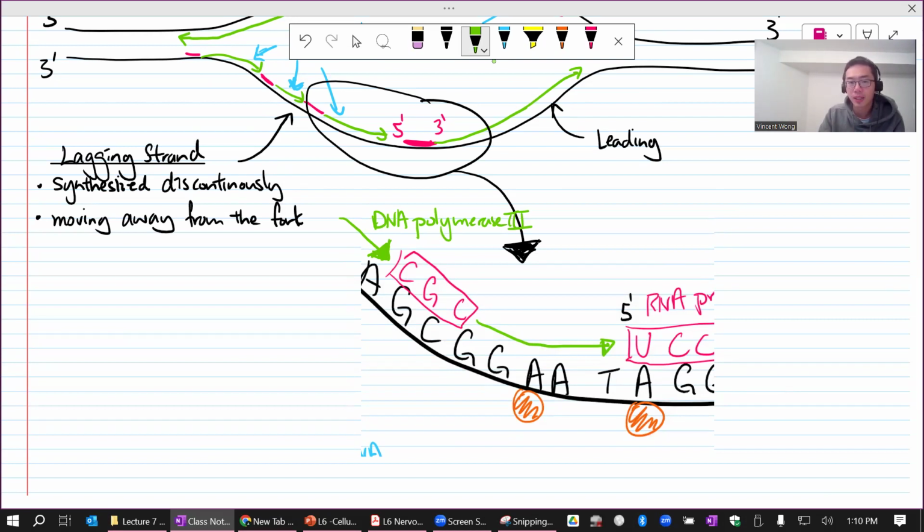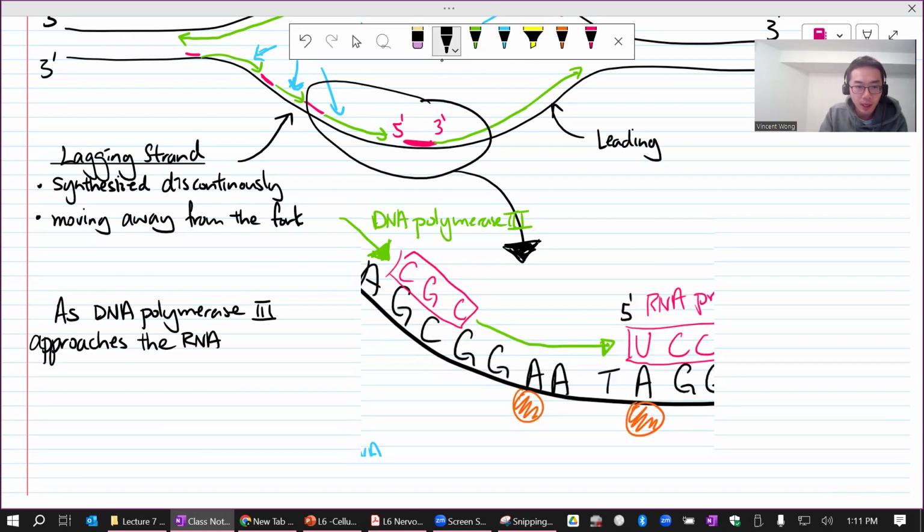So a couple of things are going to happen here. As DNA polymerase 3 approaches the RNA primer, the DNA polymerase 3 is copying, making new DNA, and eventually it's going to get to the primer, right?